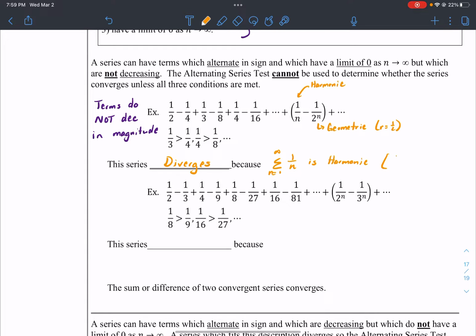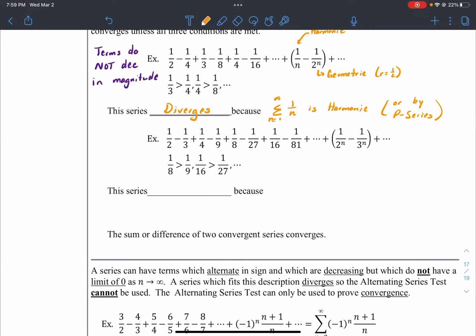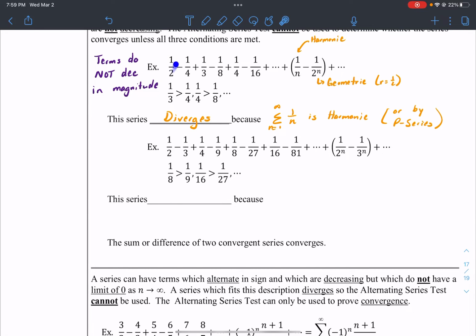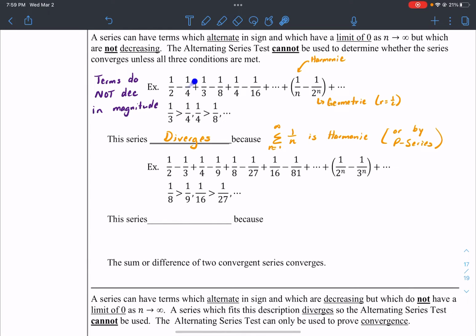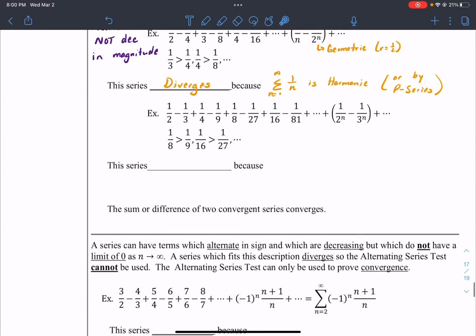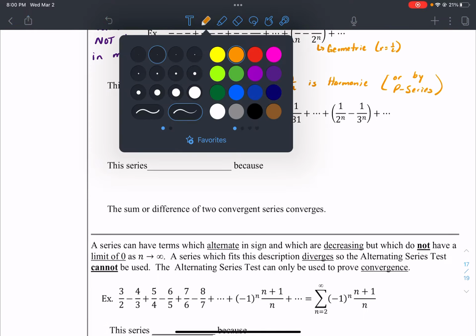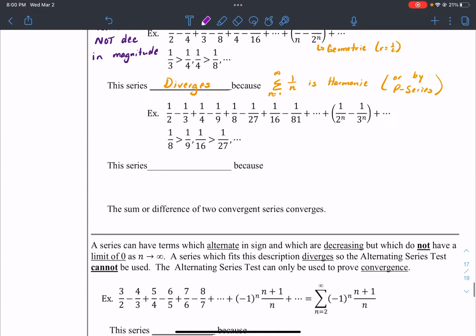Or we can say by p-series, we could talk about the p being equal to 1, and that's the reason why it diverges. So that's really confusing, right? I do have a limit. This is getting smaller. The limit is going to 0, but it's technically not decreasing in magnitude through every term. So that's really tricky.